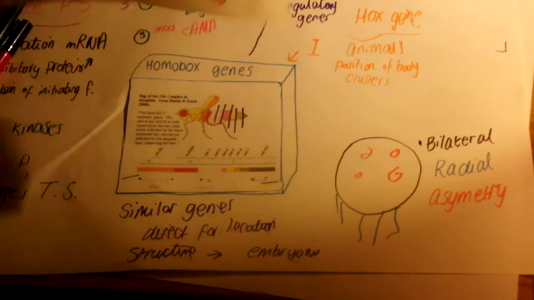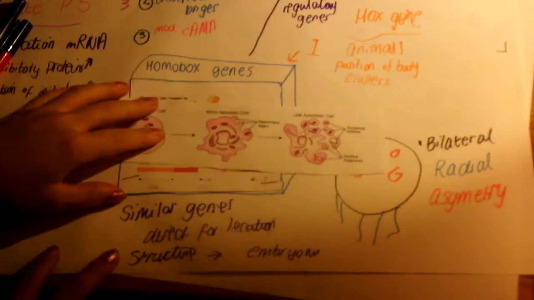Here is a run through of the stages of apoptosis. You start with a pre-apoptotic cell. It starts with the nucleus condensing.